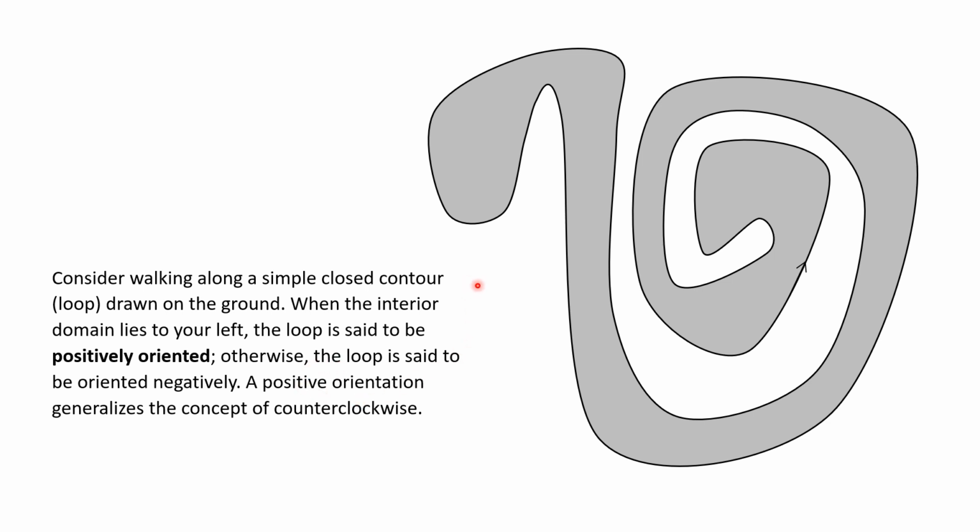So we'll see this in some of the examples, although you don't typically take a contour integral over something like this. It's usually just a circle or a semicircle or a straight line. But we still have this need to define the orientation, and that's something afforded to us by the Jordan curve theorem.